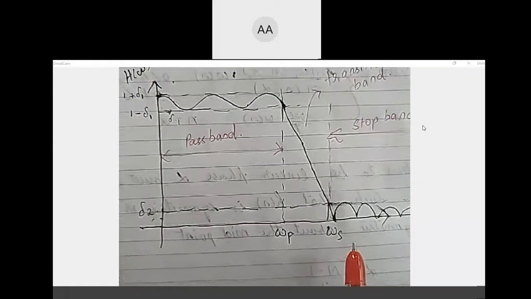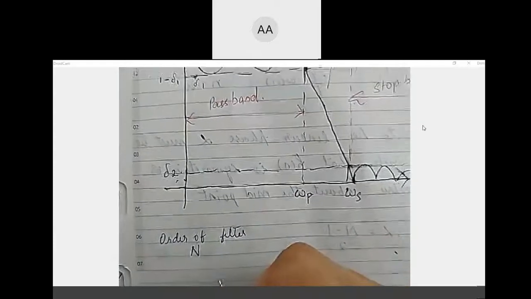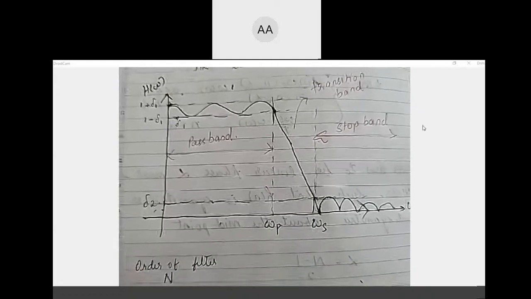Though in the case of FIR filters, we don't really concentrate on the value of capital N, capital N is nothing but the order of the filter. Now, order of the filter means, in your linear integrated circuits and AC, you would have done this.